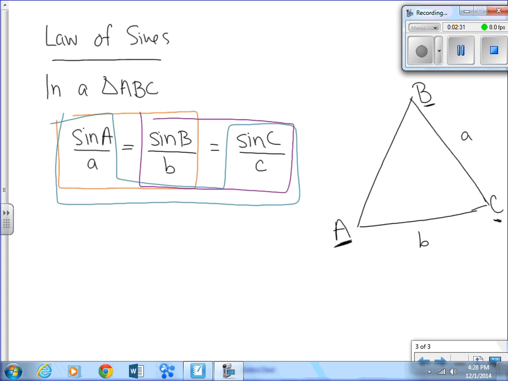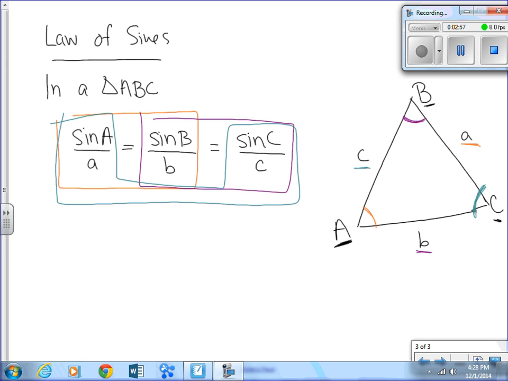Here's my capital C, across from it is the side labeled little c. So what this is telling us is that the sine of this angle over this side is going to be equal to the sine of this angle divided by this side, which is also equal to the sine of this angle divided by this side.